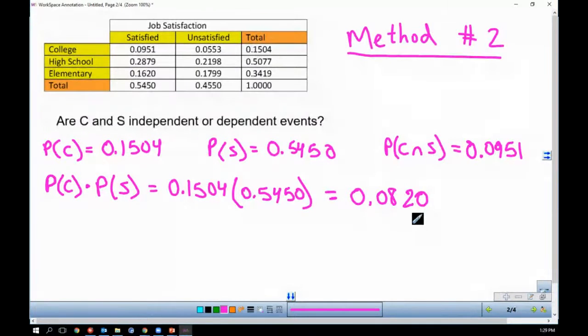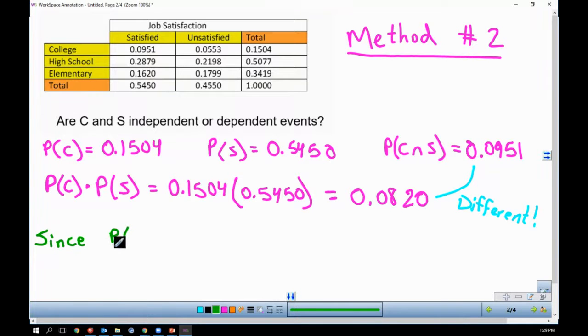Okay, so moment of truth. Are these the same? No. These are different. So let's make a conclusion now.